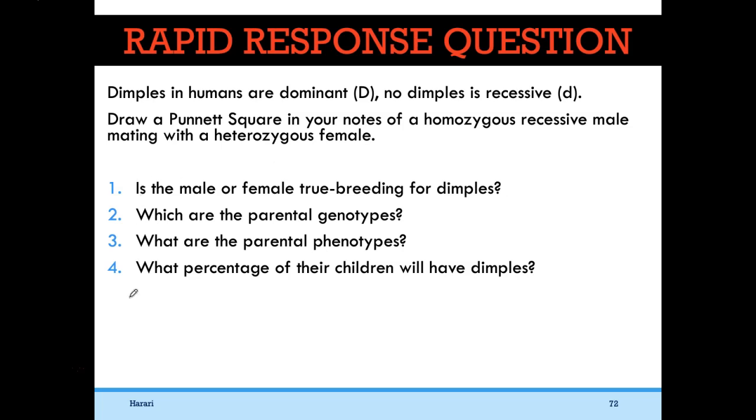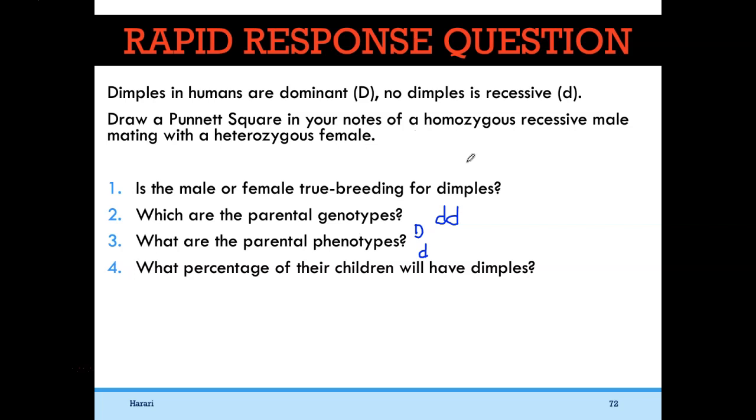So hopefully you've had a chance to answer them. Is the male or female true breeding for dimples? The male is true breeding because he's homozygous recessive. What are the parental genotypes? Well, the homozygous recessive male would be little d, little d, and the female would be big D, little d, since she's heterozygous and has dimples. Right?